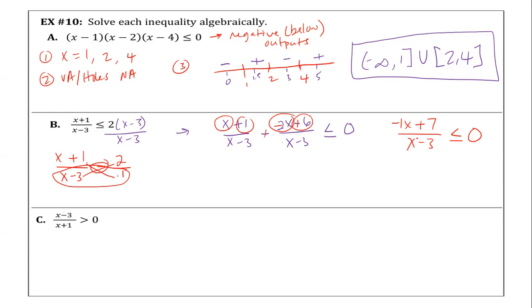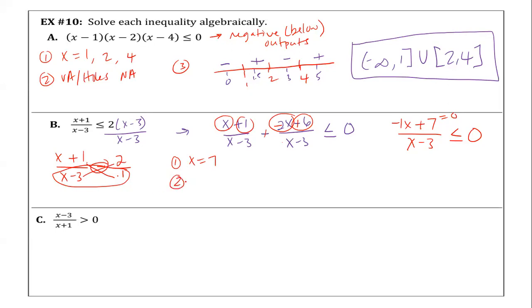Now we follow our 3 steps. Step 1 is identify your x-intercept. Where is my x-intercept? X equals 7. X-intercepts come from your numerator. If I set my numerator equal to 0, what is it going to be? 7. Okay?